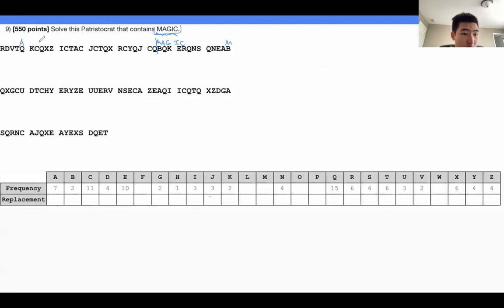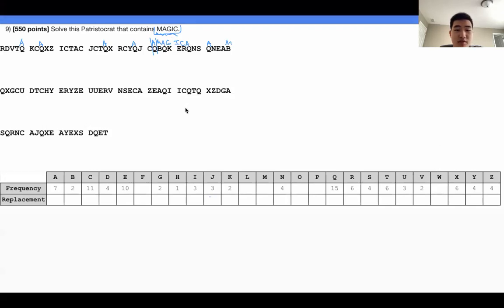Q. If it happens right before magic, it's probably just going to be, oh, okay. So what do we think the word that contains magic is?